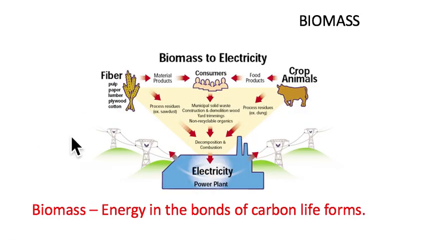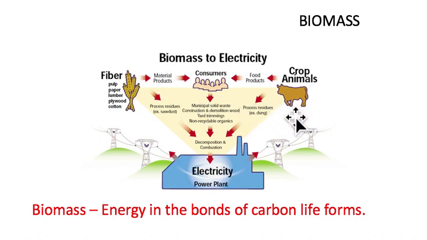Okay, the last one we'll talk about today is biomass. Biomass is anything that used to be alive that can be burned. So anything in this picture, such as pulp, wood products, cotton, waste from things like cardboard plants, those could all be fibers that could be burned. Consumer waste that comes from natural processes, natural materials.